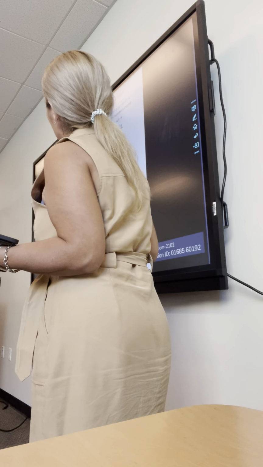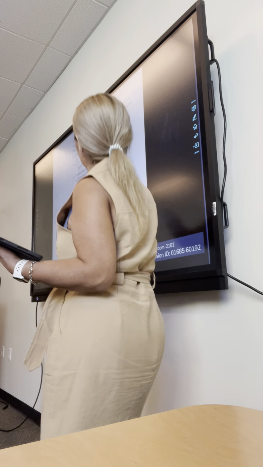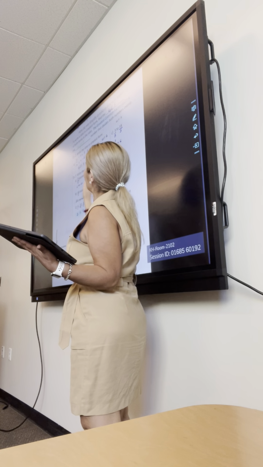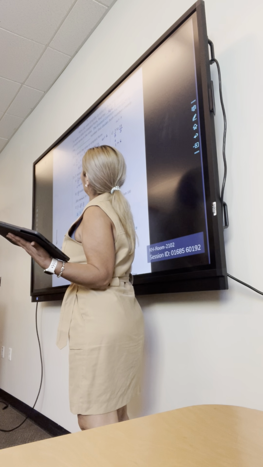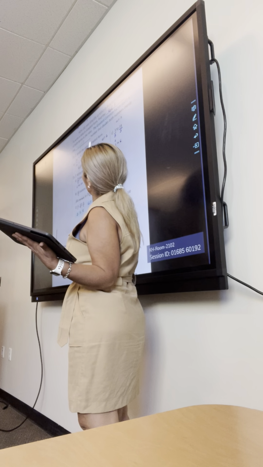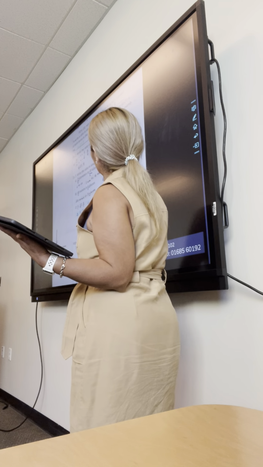For B, we have 14 ratio 16. We need to find the GCF. The GCF we know is 2 because if we divide 14 by 2, it's 7. And if we divide 16 by 2, it's going to give us 8. Okay? So GCF is 2.